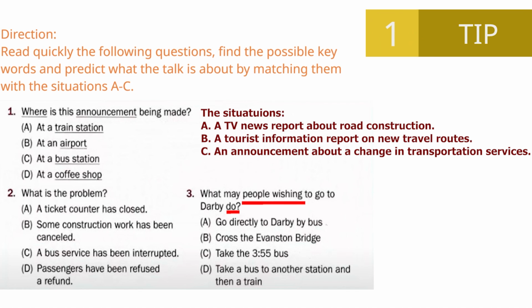So why is the answer B? Because in option C, there is take the 3:55 bus, so it shows the route of a bus. And the last option, take a bus to another station and then a train, also shows travel routes, right? Therefore, the situation for question number 3 is B.